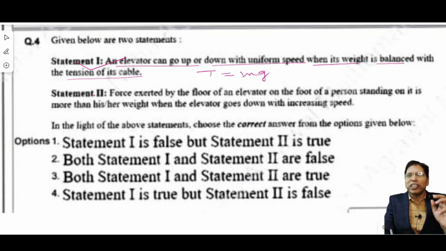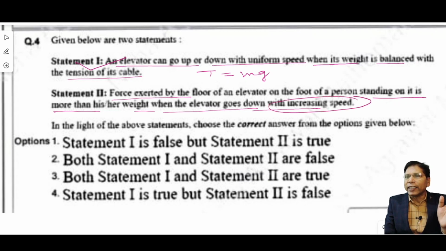Understood? Now, statement 2. The force exerted by the floor of an elevator on the foot of a person standing on it is more than his or her weight when the elevator goes down with increasing speed. Look at this, increasing speed means acceleration.